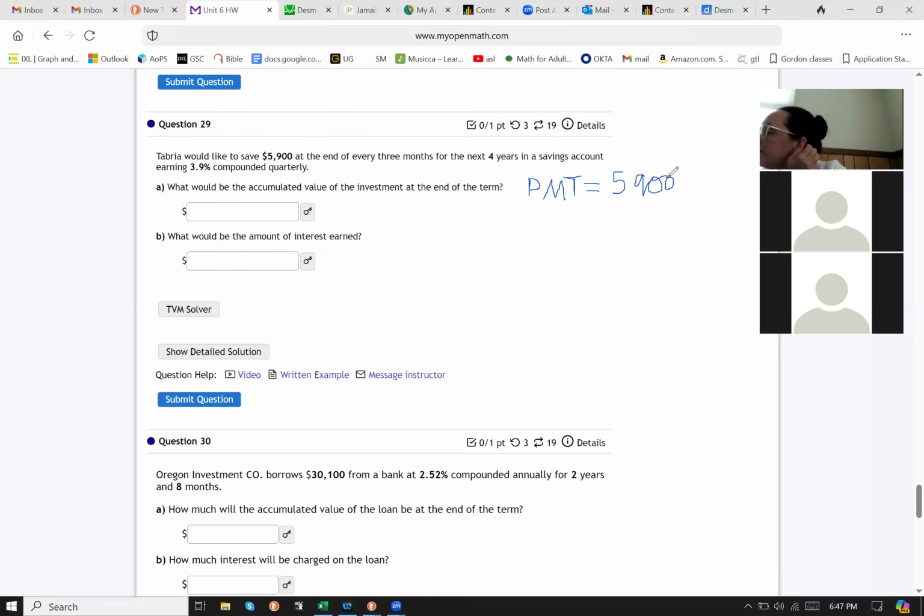Our interest rate is 3.9%, so we're gonna put in 0.039 for that. Notice that it is compounded quarterly.